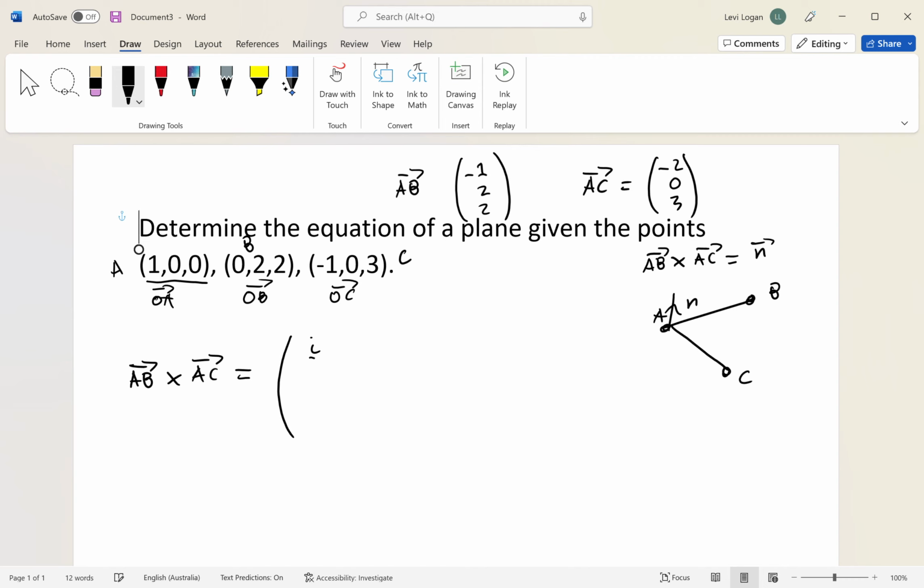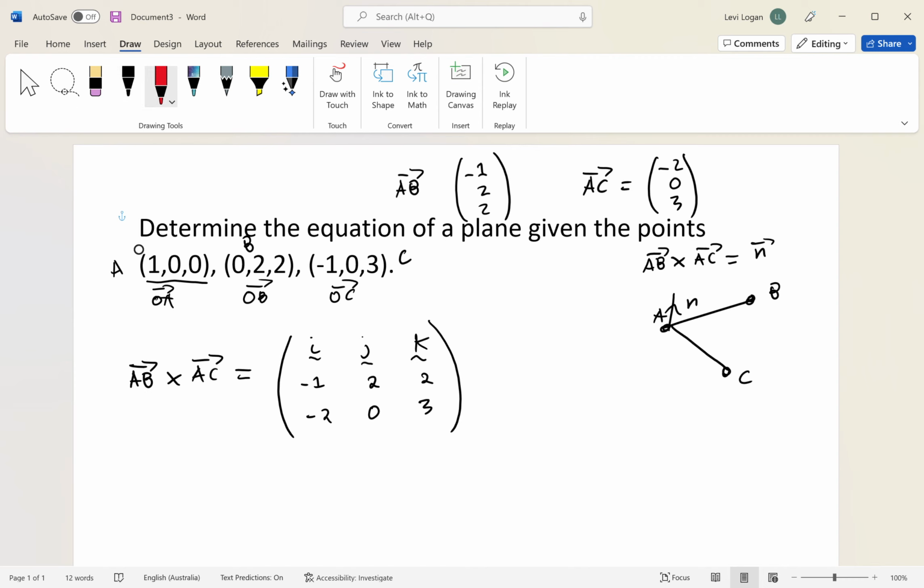So you have i, j, k. Then you're going to put this vector in this row here. So you're going to put negative 1, 2, 2, and then you're going to put this vector down here. So you're going to have negative 2, 0, 3.